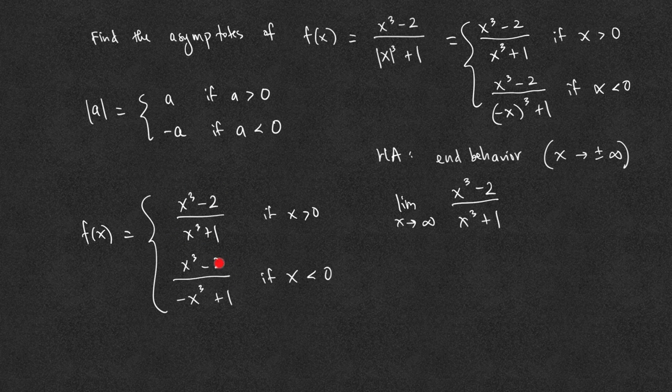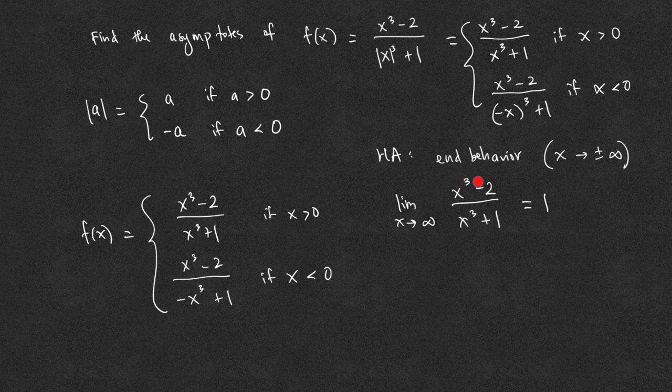There are two pieces, but we would use the first piece for any x value that is on the right hand side of 0, and as x goes to infinity, that is on the right hand side of 0. And this limit, we know that it is 1.